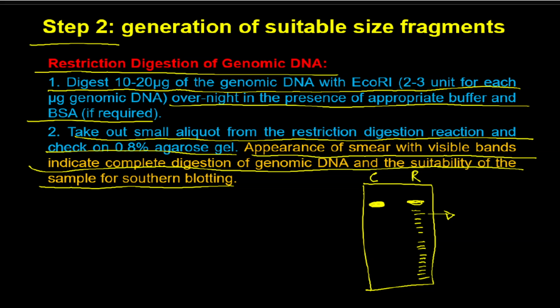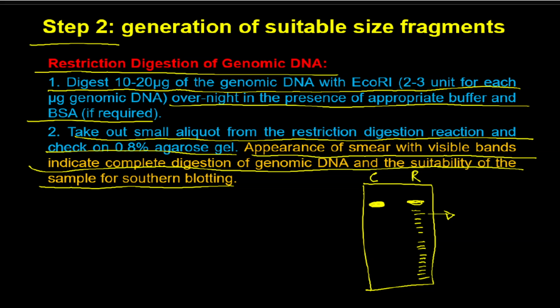So in restriction digestion, generally 10 to 20 microgram of the genomic DNA is used when we are using EcoRI overnight in the presence of appropriate buffer and BSA if required. Then a small aliquot from the restriction digestion reaction is taken out and checked on 0.8% agarose gel just to check whether the fragments have formed or not.